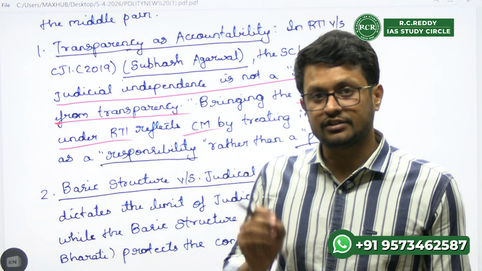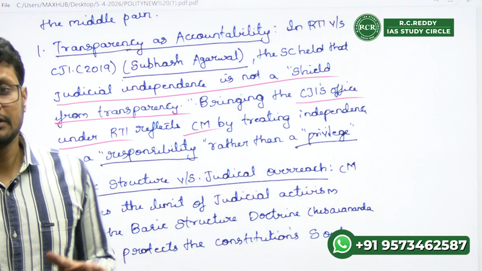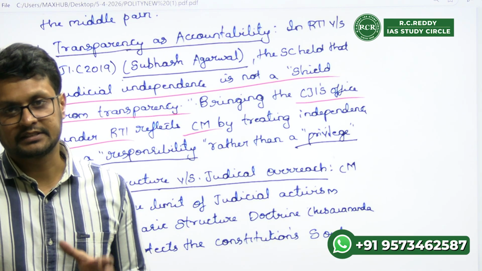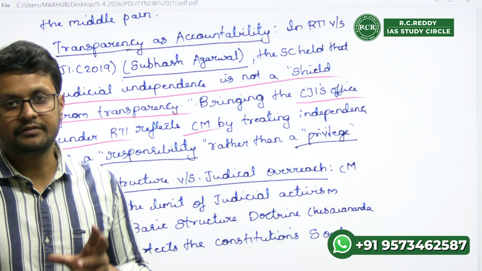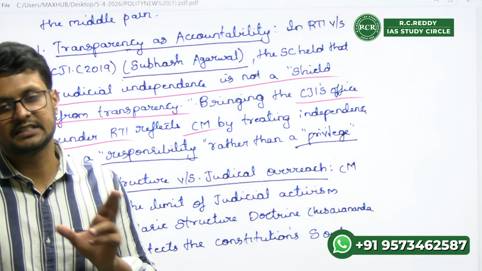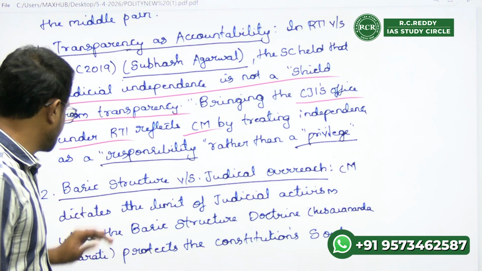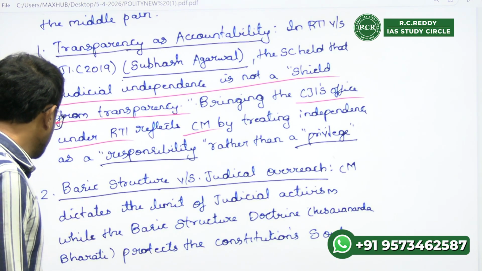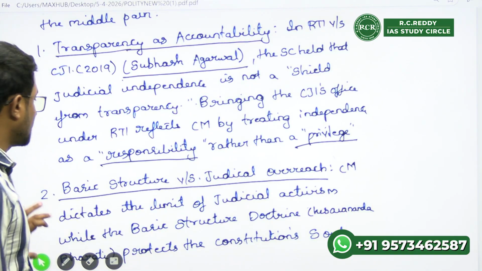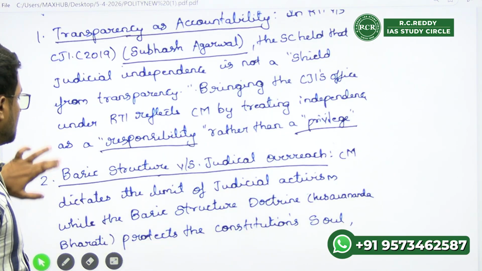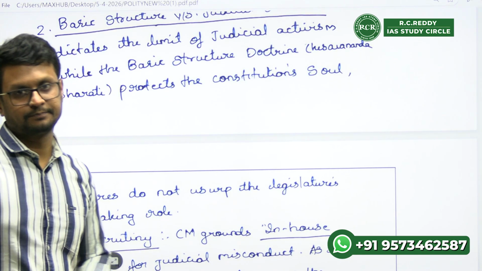So administration of justice is a very important part and parcel, and independence of the judiciary should be upheld with responsibility rather than considering it a privilege, right? The next point is how constitutional morality can be used to curb what is known as judicial overreach. As we all know, judicial independence is part of the basic structure doctrine.